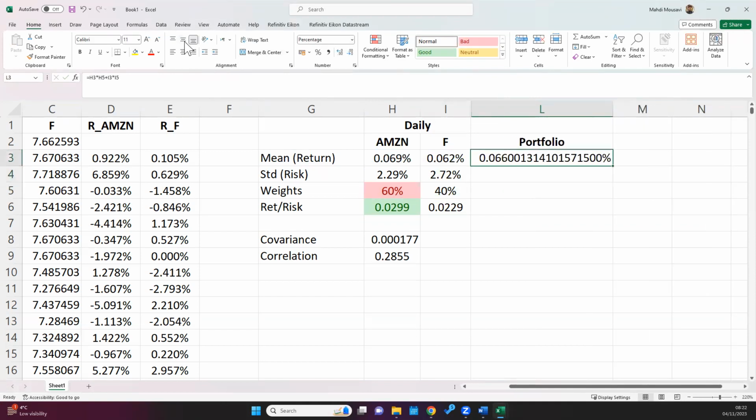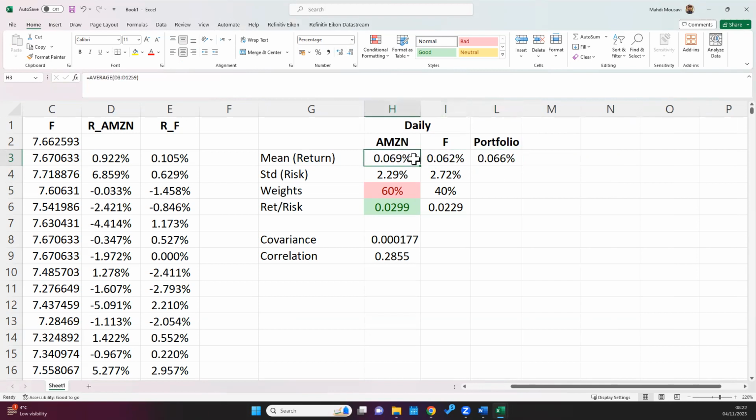So we will end up with this number. So I'm going to reduce the decimals. 0.066. As you see, this number is always between these two, the return of Amazon and Ford, all right? Because it is basically weighted average. And if I change the weight, this one will be changed as well.